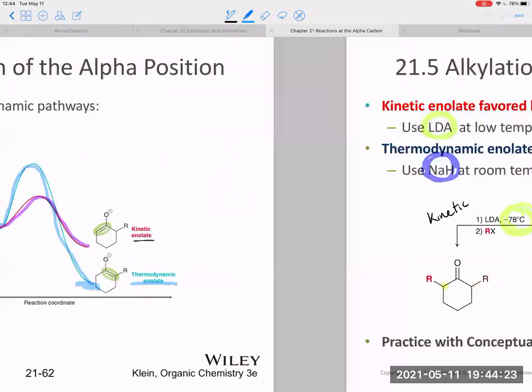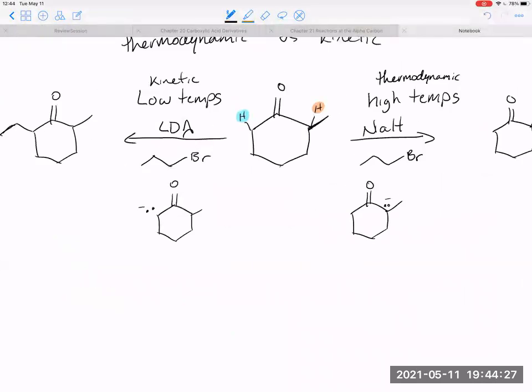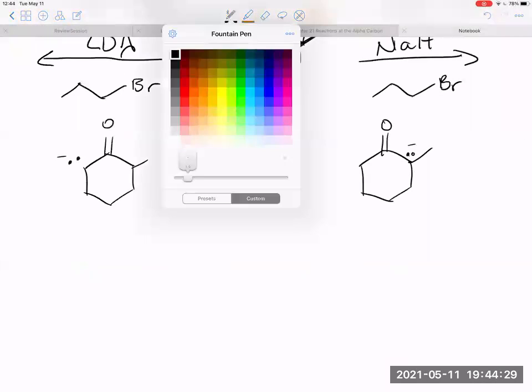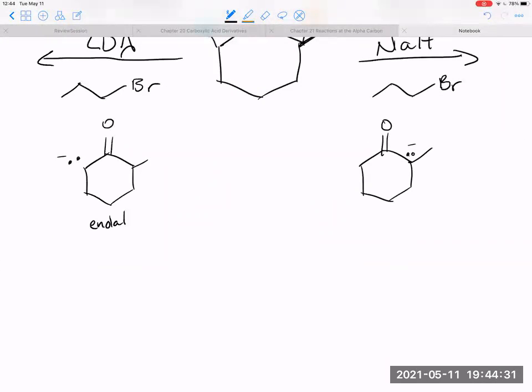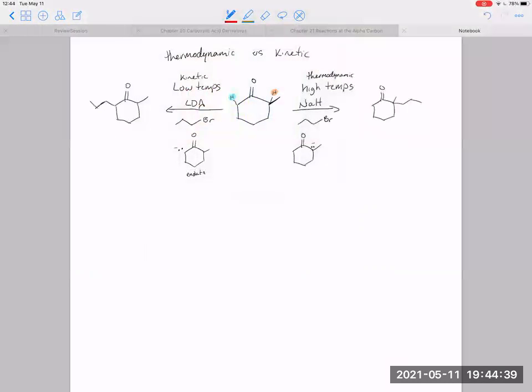So remember that this is the lazy man's way of drawing an enolate ion. And it's preferable because when you're drawing mechanisms, you can just go straight from your nucleophilic carbon to your electrophilic carbon, all that good jazz, right?